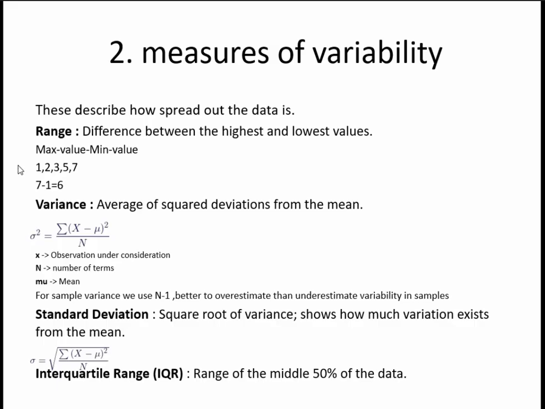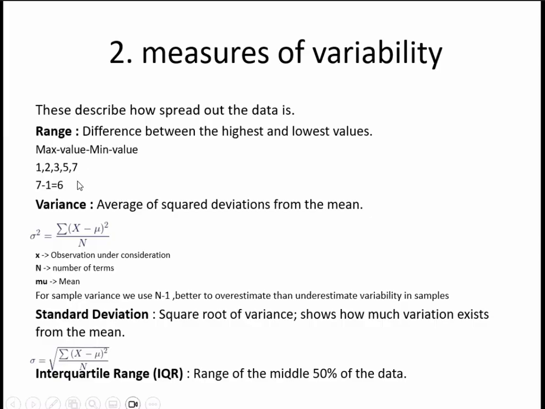If our mean is 3.6 from this data set, we are looking at how far 1 is from 3.6, how far 2 is from 3.6, how far 3 is from 3.6, how far 5 is from 3.6, like that.